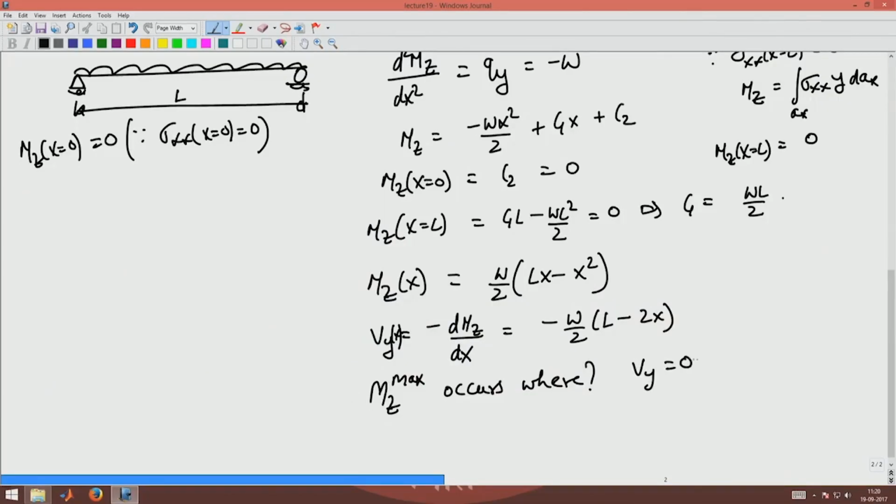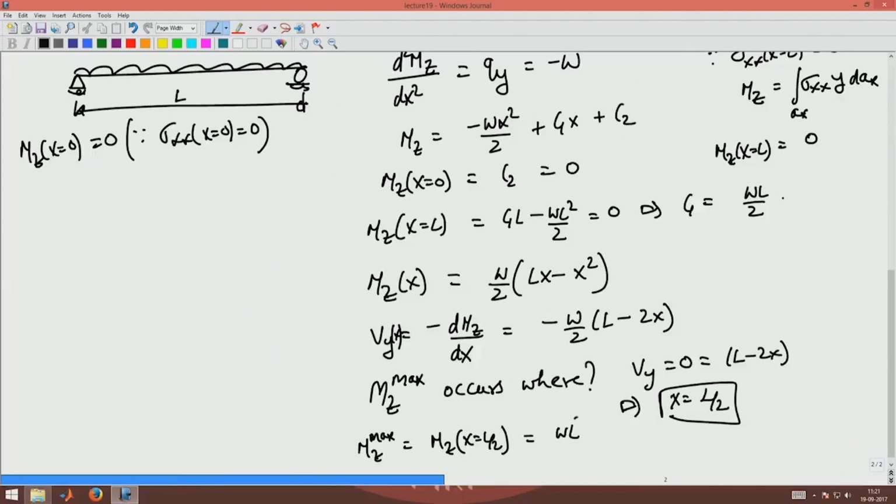Vy equal to 0 gives L minus 2x, and that will be x equal to L by 2. So, Mz max will occur at x equal to L by 2, and that will be WL square by 8.